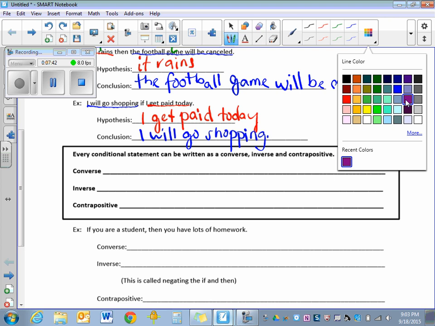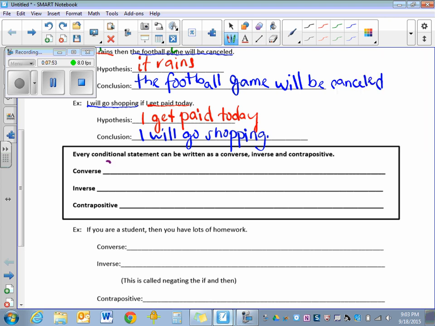All right, so let's take a look at converse. The converse is where you just switch the hypothesis and the conclusion.